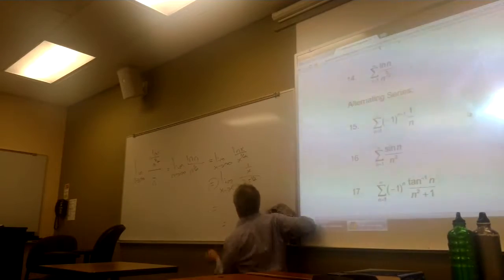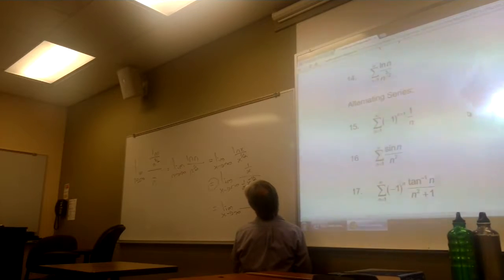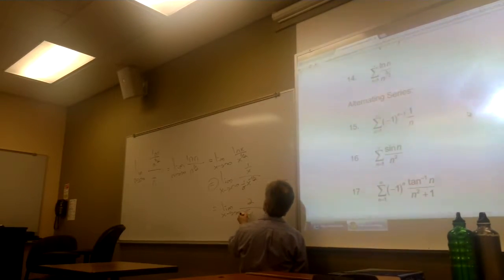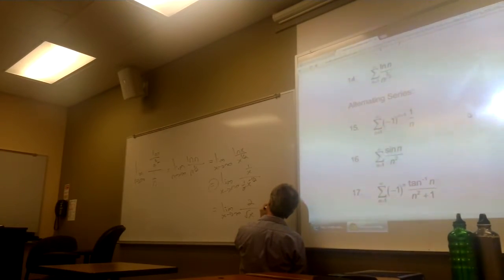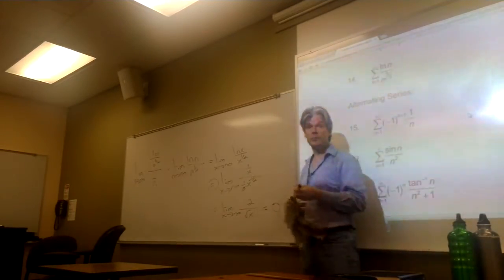But that just simply gives me this. Oh, you guys, is that a 2 over root x? What's that limit value? 0. Nice.